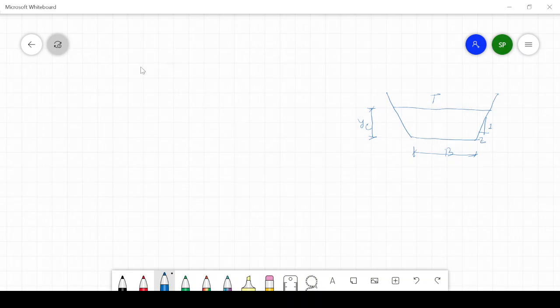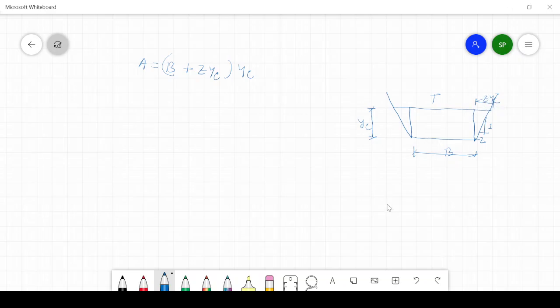So area is equal to how much for this? B plus ZYC into YC. Why is it like this? Again, I have to show you. This is equal to ZYC.